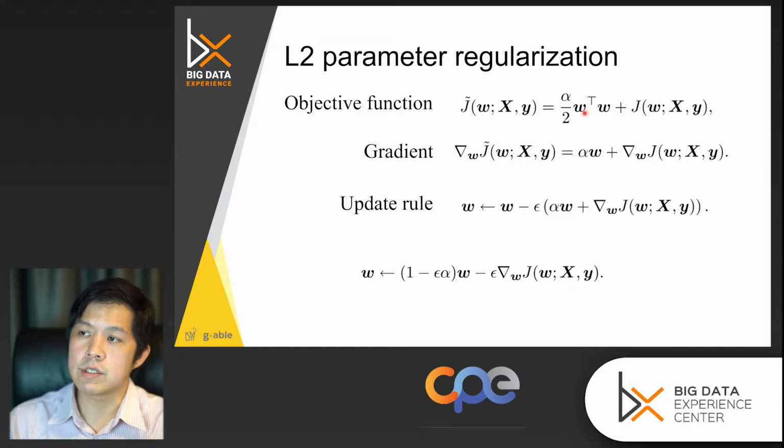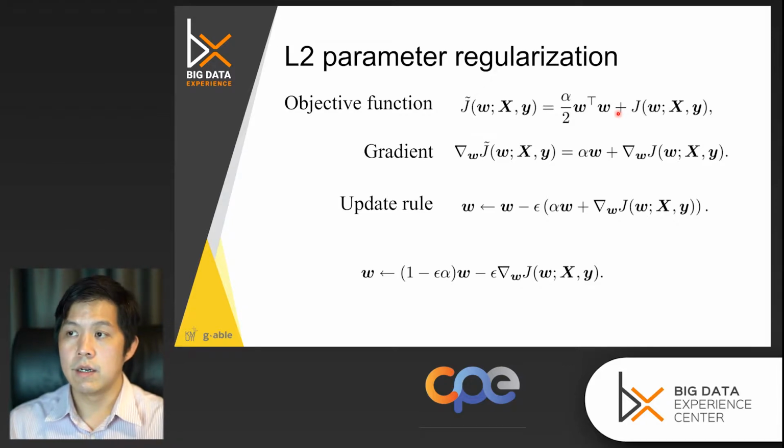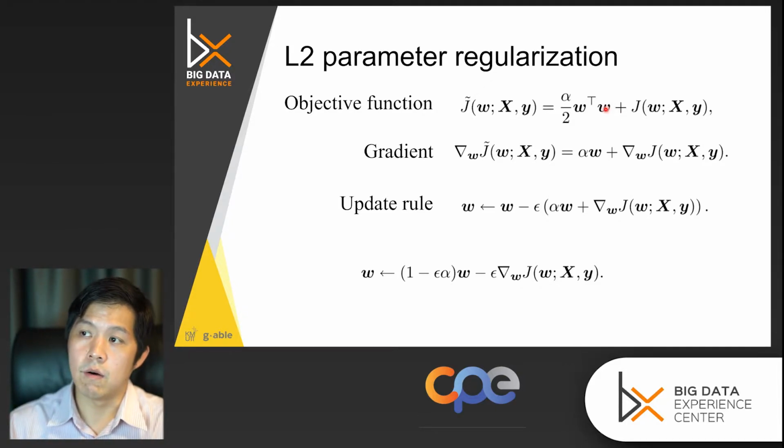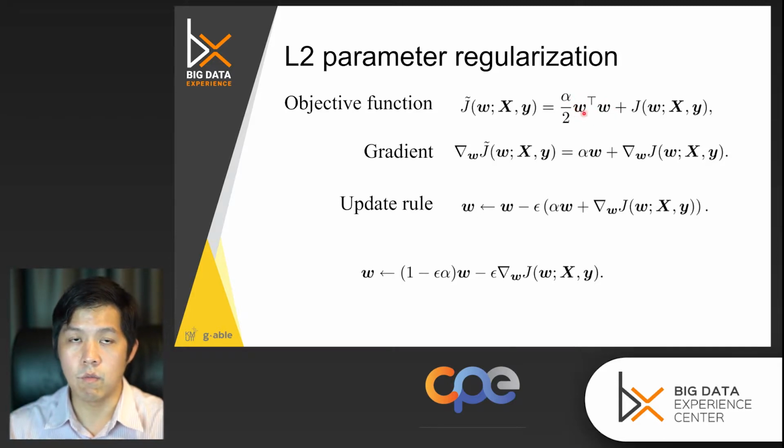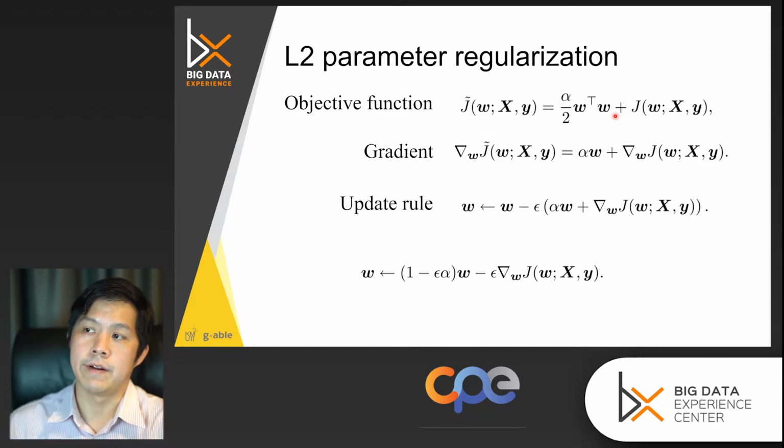That gives you a scalar value as a result. This scalar value indicates the loss that occurs for this value of the weight. So this is the L2 norm incorporated into the objective function.